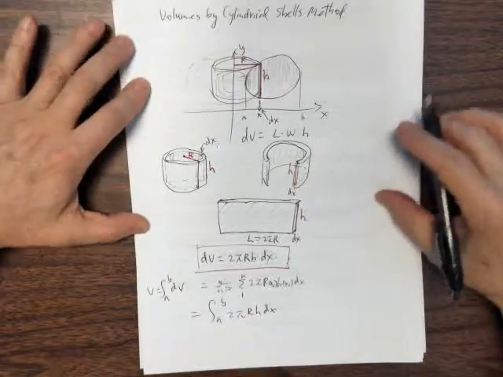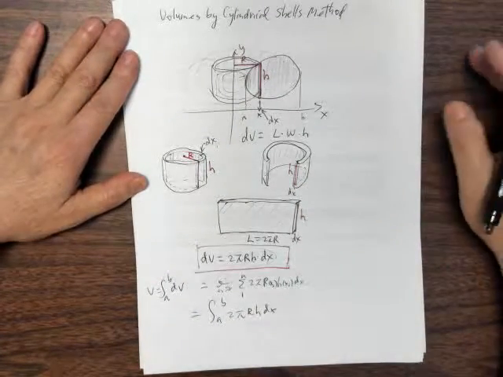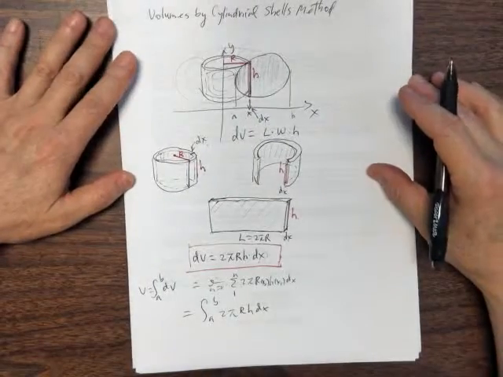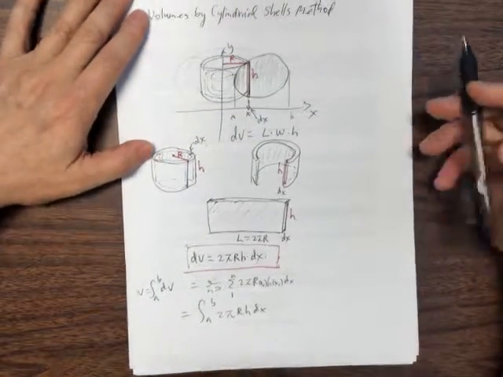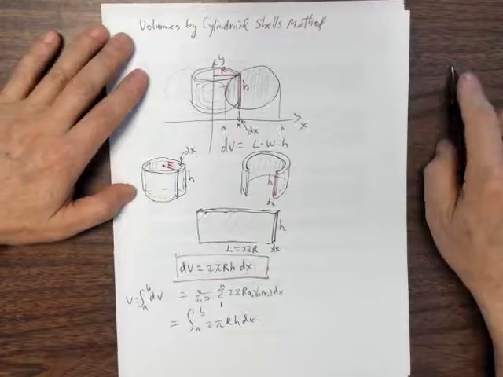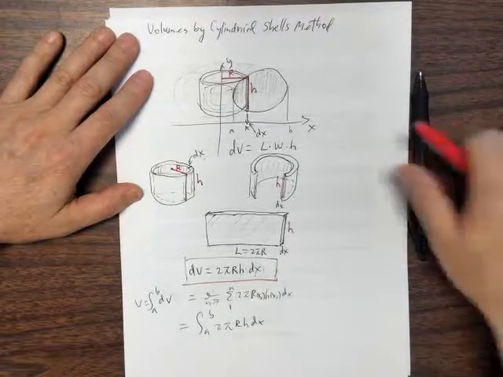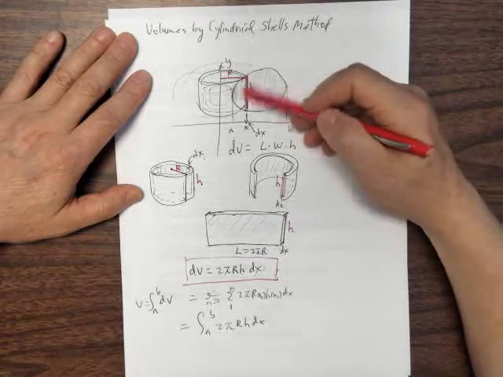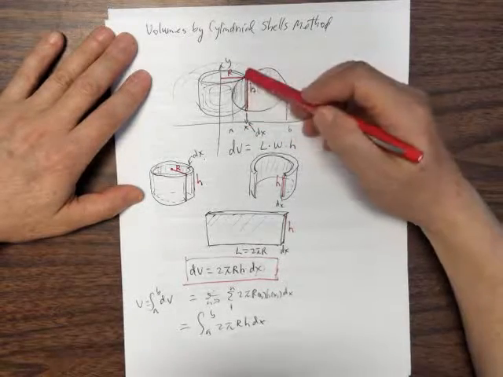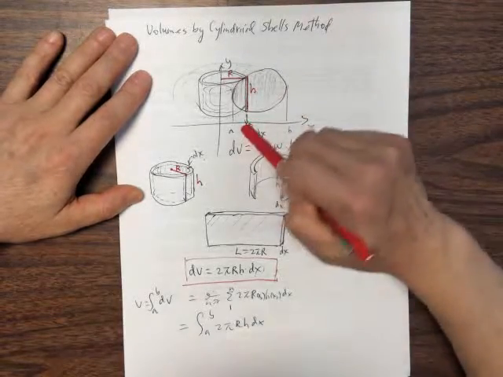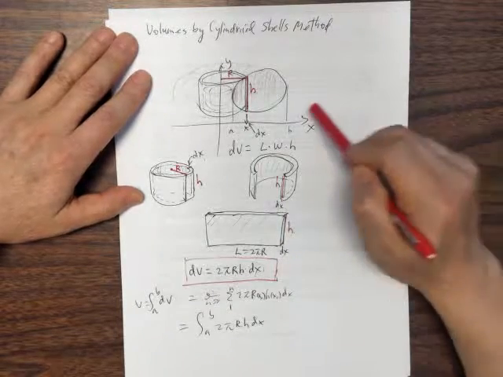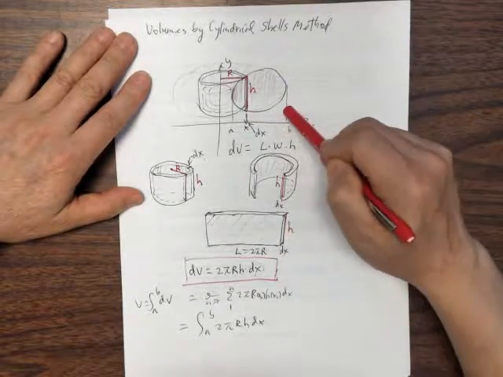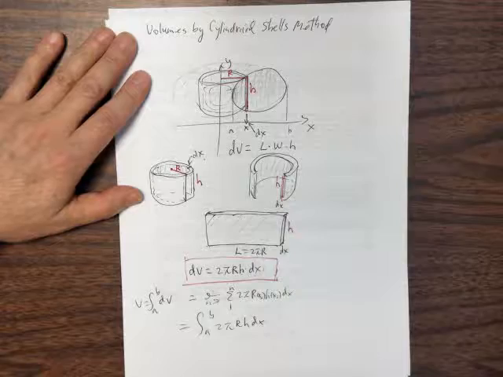Alright, so this is our method of cylindrical shell. Now this method, two things we need to be careful about. That's one, the location we pick up a strip, vertical at x. If it's a horizontal, we need to clearly mark it at y on the y-axis.